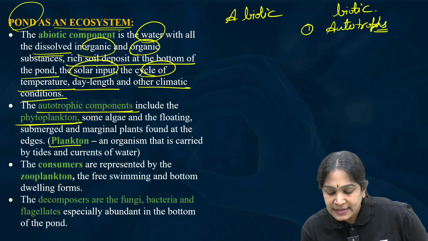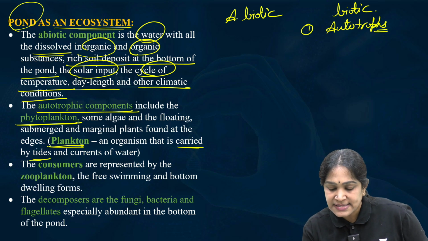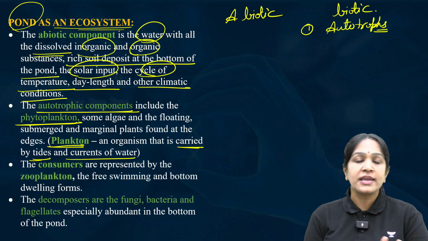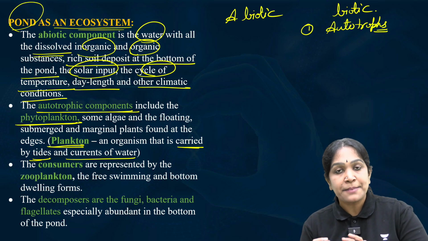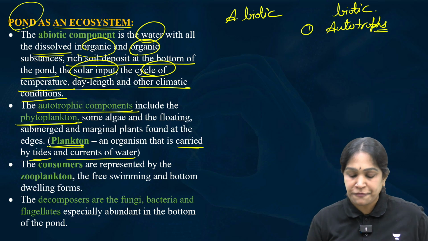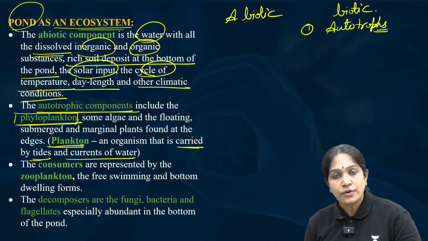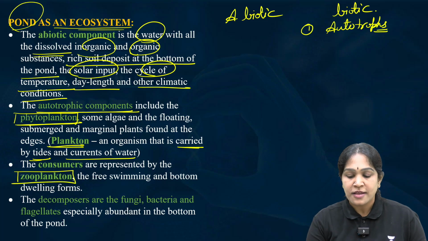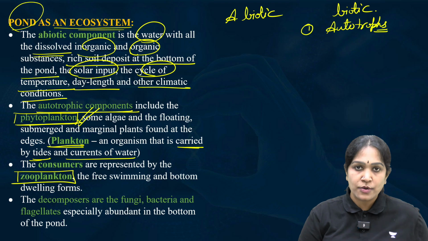The term plankton means any organism that is carried by the tides and currents of the water. Means any organism which is floating in the water can be called a plankton. If the plankton is a plant material or autotroph, we call it phytoplankton. And if the plankton is a heterotroph or an animal material, we call it zooplankton. Phytoplankton is the autotrophs of the pond ecosystem.